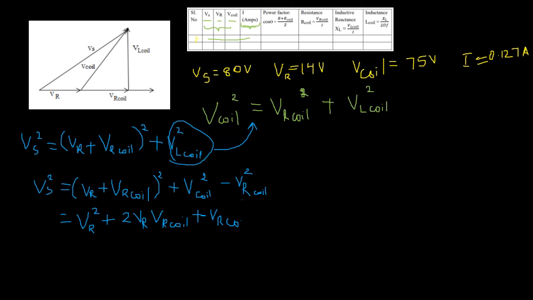Continuing with the previous expression, plus V coil square minus VR coil square. So this is the final expression we obtained. Now if you see this equation, the VR coil square term and the minus VR coil square term will get cancelled out, and you are left with this particular expression.